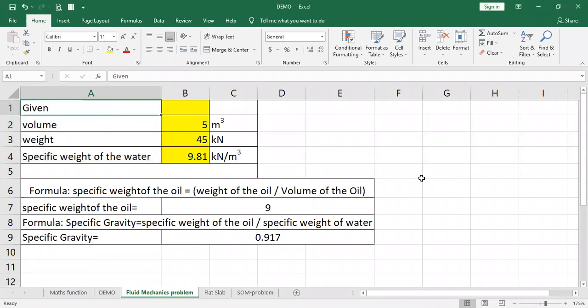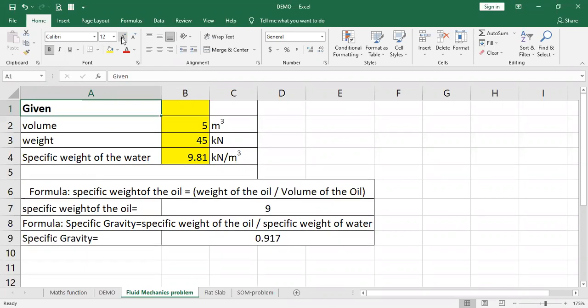So I have made a text column with the given parameters in column A. I have marked 'given' and 'volume'. To differentiate it, I can click on 'given', make it bold, and increase the font size from here.